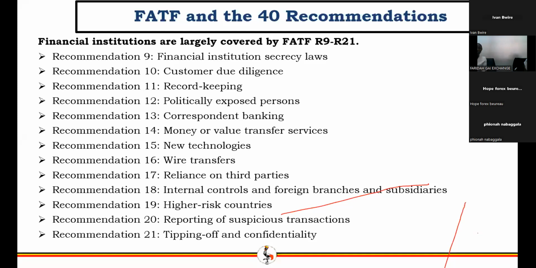So FATF is providing guidance that in the event that you bring in a third party to do the customer due diligence for you, to obtain the information for your clients, adequate data as the law requires as regards establishing the identity of your clients, how do you treat that relationship with your third party?